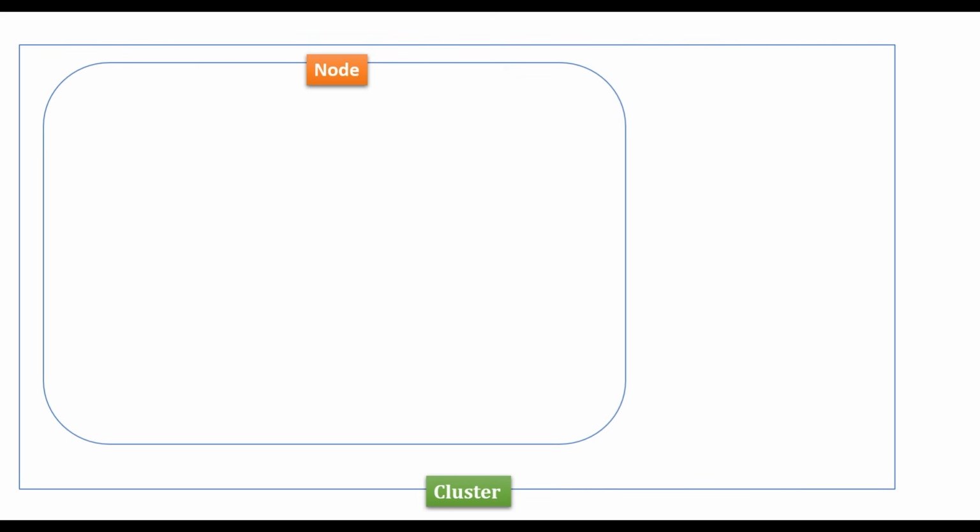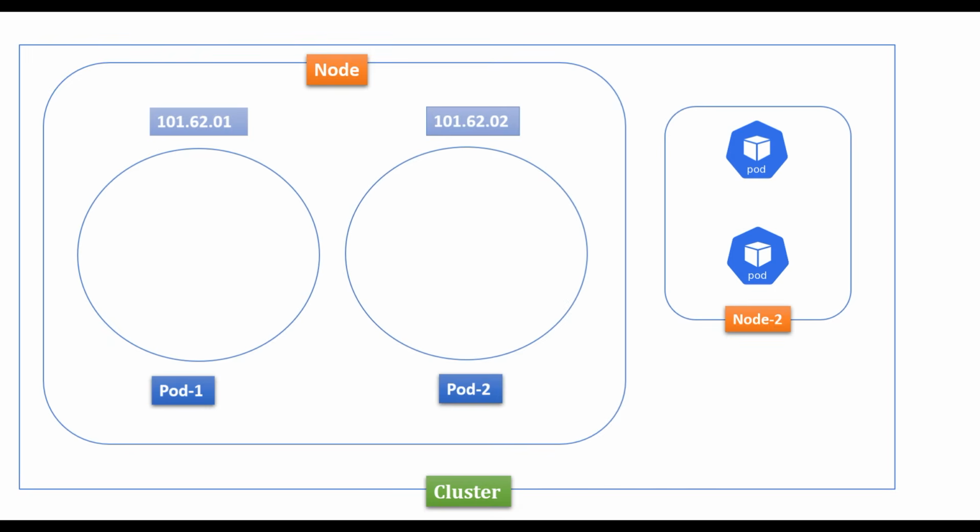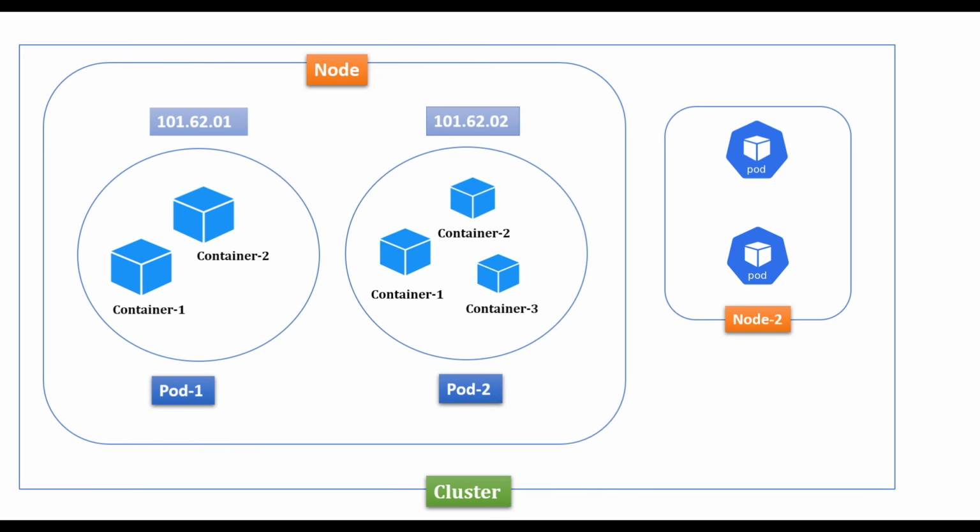As we know, in Kubernetes we have a cluster, and inside this cluster we can have either a single node or multiple nodes, and inside a node we can have a single pod or multiple pods, and again inside a pod we can have a single container or multiple containers, and this container is the platform where you can run your application. The application can be Spring Boot or Angular or any technology-specific application you can run inside containers which are present inside pods.